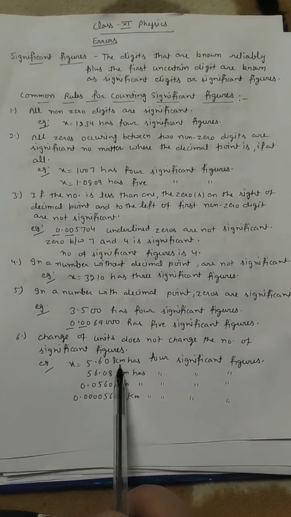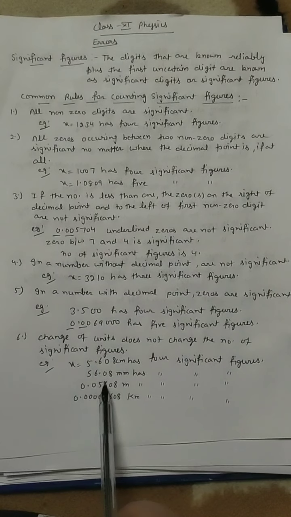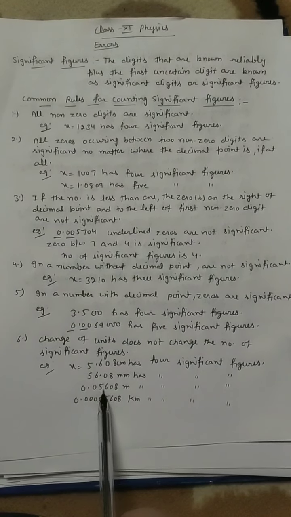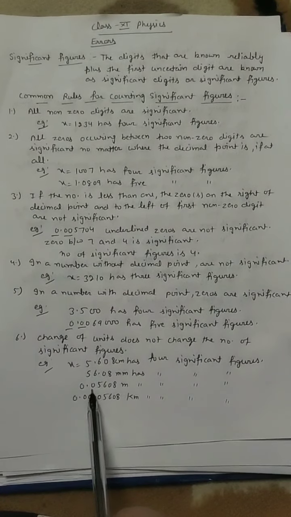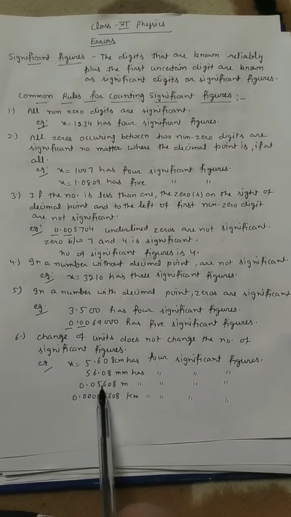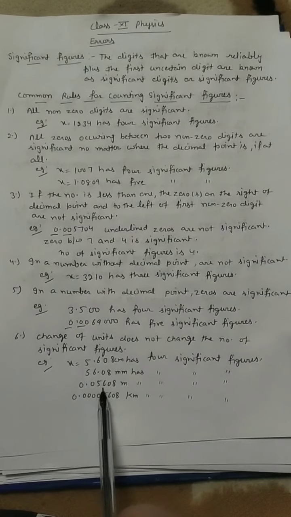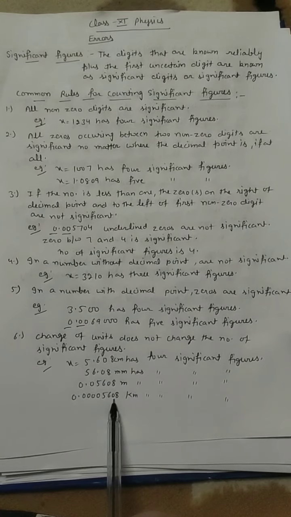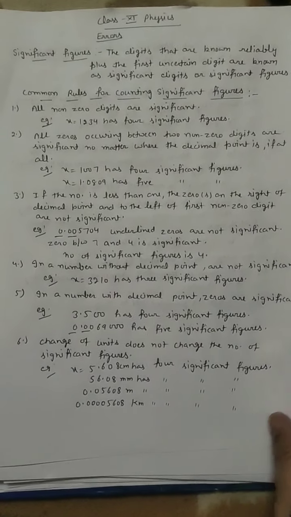Converted into millimeter, that is 56.08 millimeter, which has four significant figures. Again 0.05608 meter, where the two zeros are non-significant, has four significant figures. Again it can be written in kilometer, and we again have four significant figures.